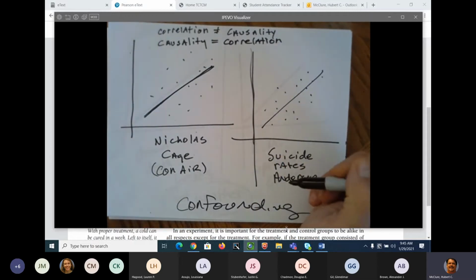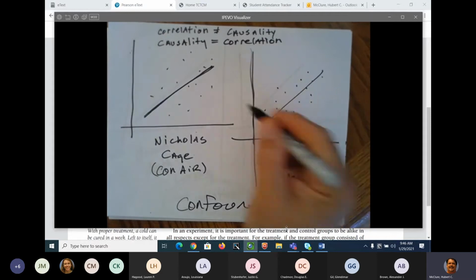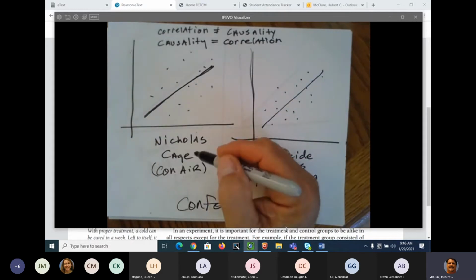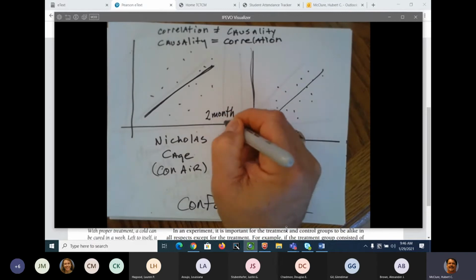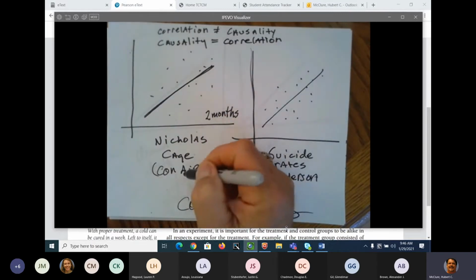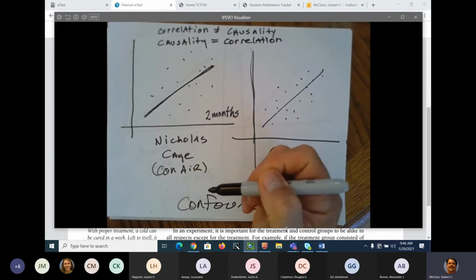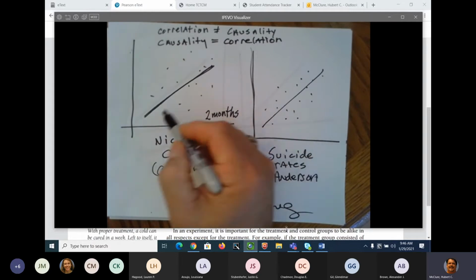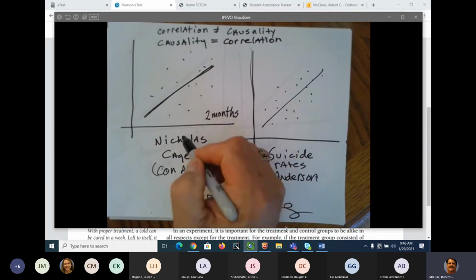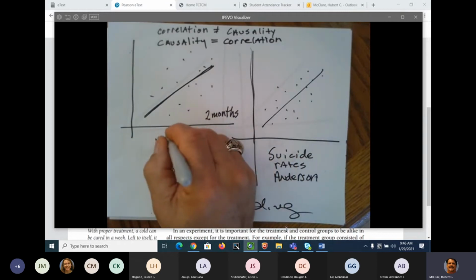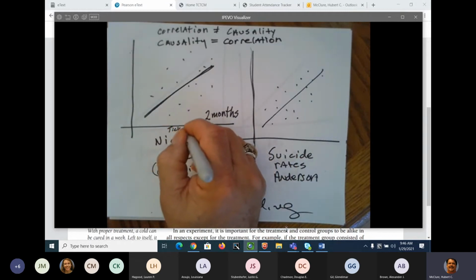Let's say that I do an inventory of 2 months of the running of the Nicolas Cage movie Con Air at the movie theater. And I find this correlation right here. This is ticket sales, because you can't make money unless you sell a ticket.